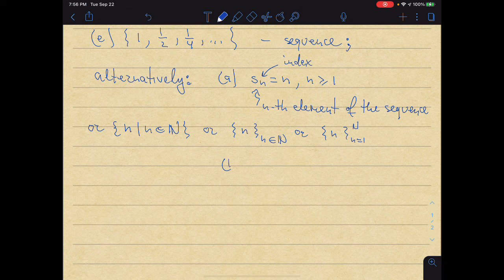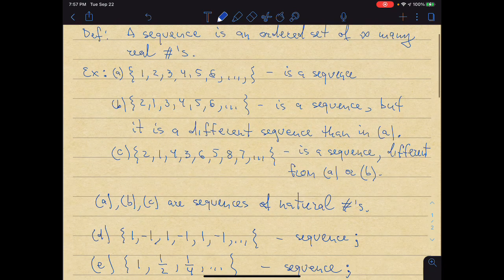Then in case B, let's see what we can say. Sn I'll have to specify separately. In case B, I exchange two elements, the first element and the second element, I exchange their positions.